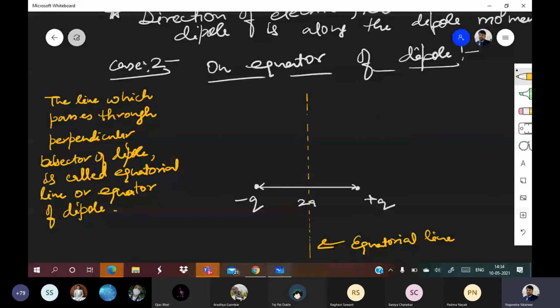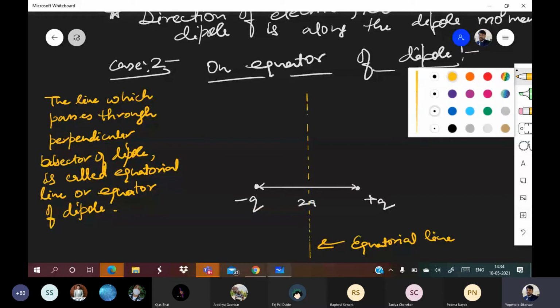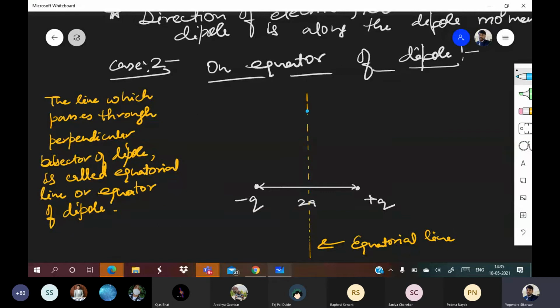And we need to find electric field at any such point on this line. So suppose this is a point P, and at this point P, we are trying to find how much is the electric field.